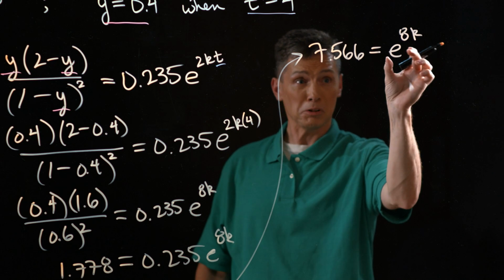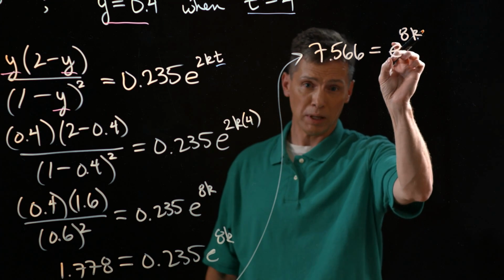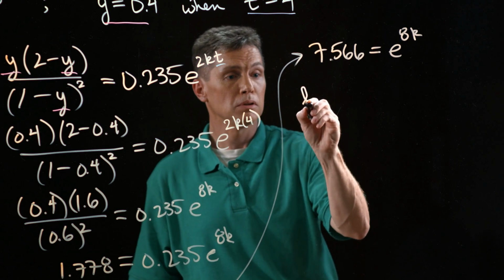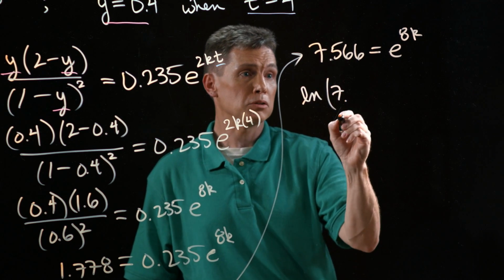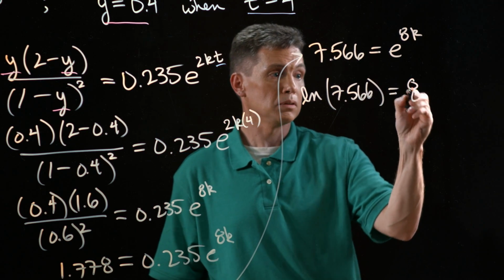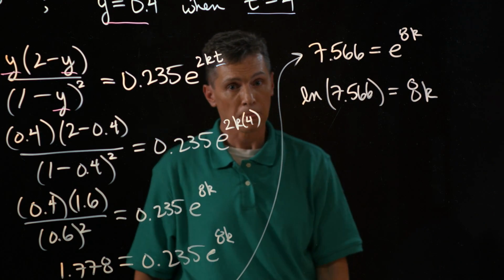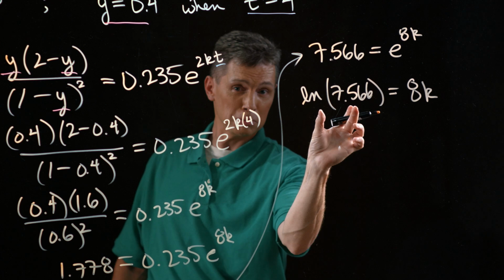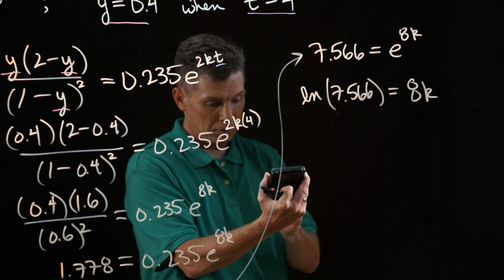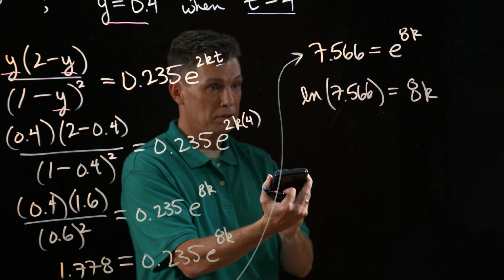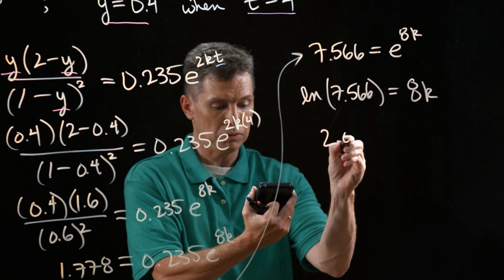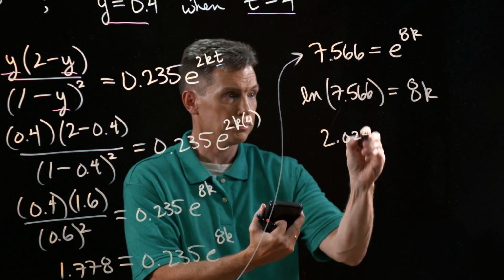Take a breath. We're really just a couple steps away now, because we have that e raised to the power on the right. I'll do my logarithms. Natural log of 7.566 will equal 8k. I'll go to the calculator one more time for that natural log. Natural log of 7.566, I am getting 2.024.